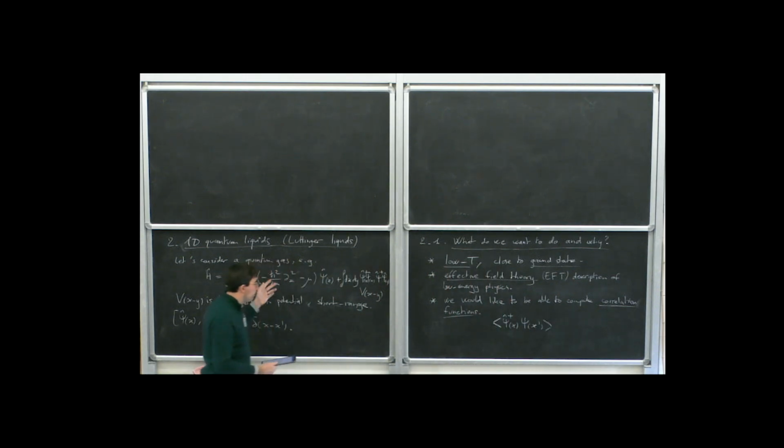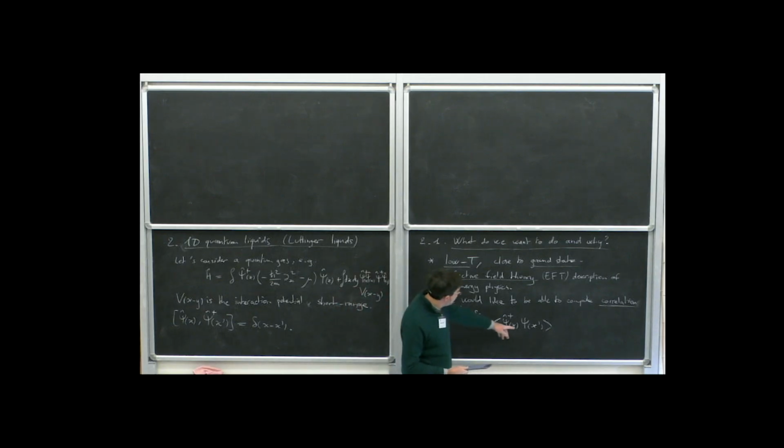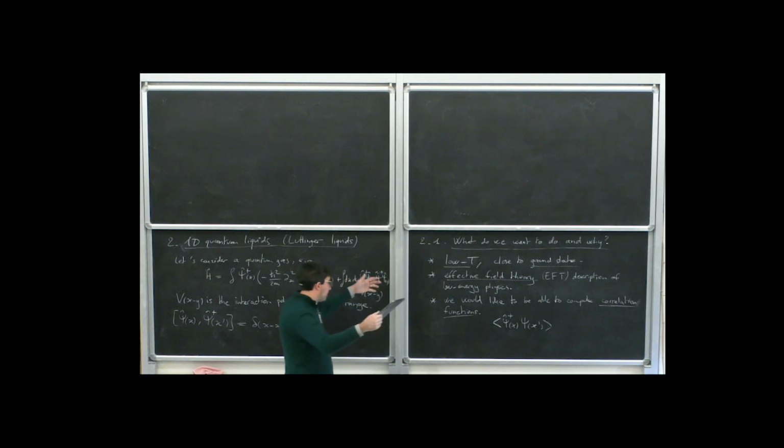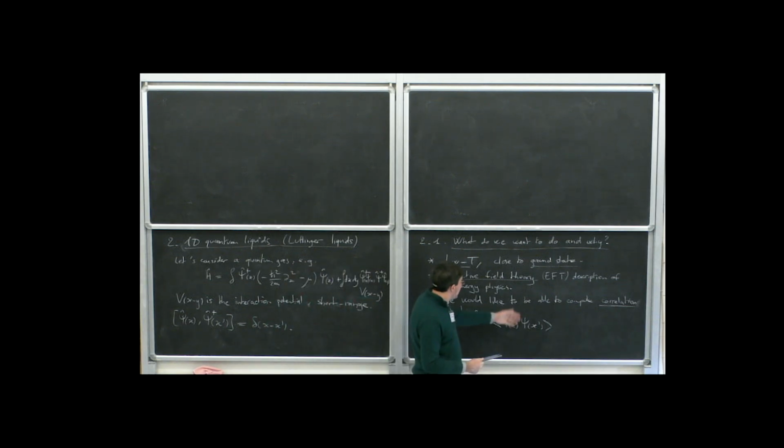If you're thinking about whether or not the system has Bose-Einstein condensation, then this quantity is important, because in a true Bose-Einstein condensate, this thing would pick a non-zero value even at very long distances. That's because of phase coherence in the system. And in 1D, we'll see that this doesn't happen. So that's one example.